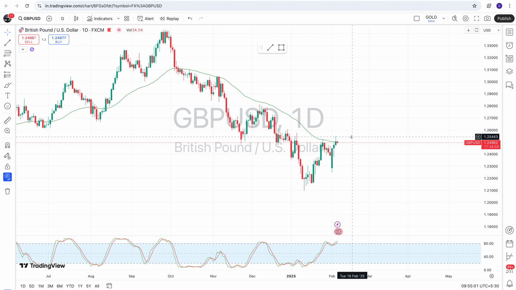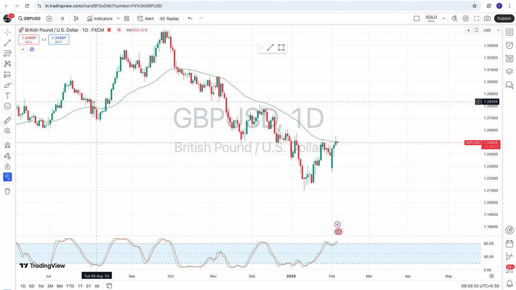Otherwise, if it rejects the same point around 1.2546 and continues down and closes around 1.2466, then we may expect a short term fall, it can go back to 1.24, and then we may see a rise in the candlesticks. So this is my expectation on GBP USD.